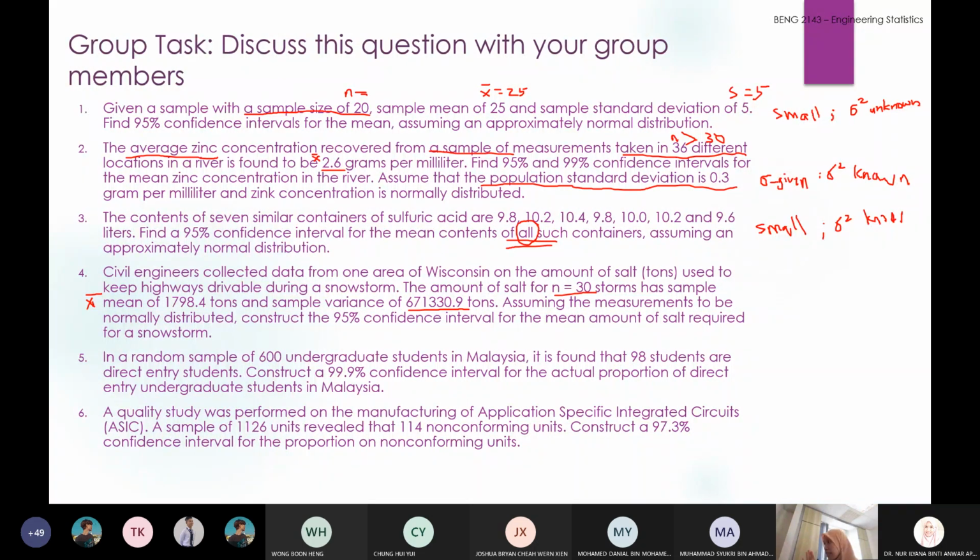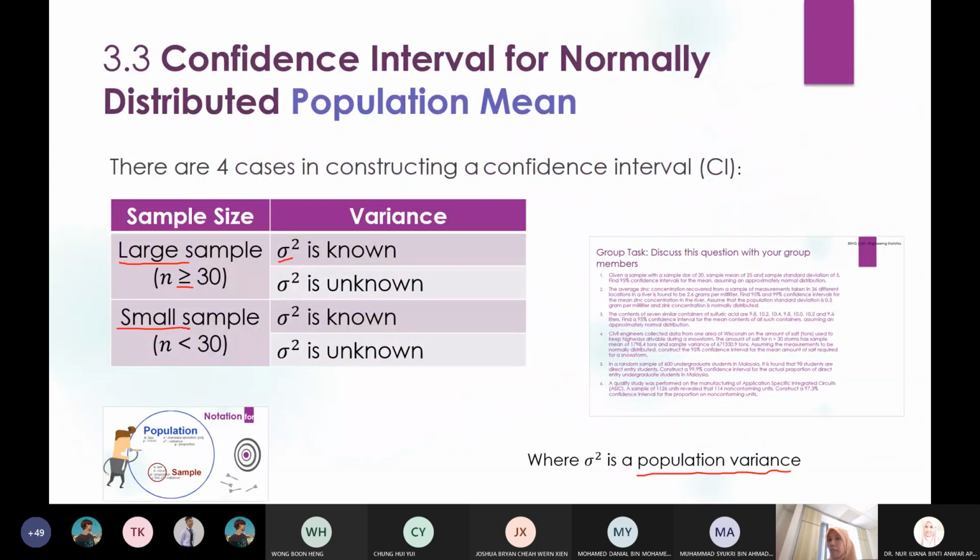You have to be very clear whether the sample that you have is in the category of a large sample, with sample size greater than 30, or if it is less than 30, it is automatically a small sample. Then in determining the population variance, you have to be very careful: when the standard deviation of the population is given, it means the population variance is known.